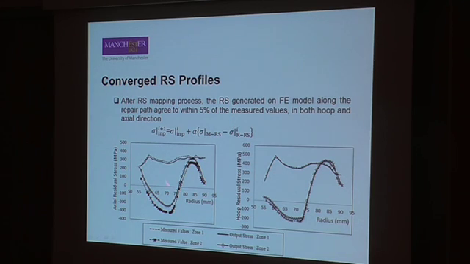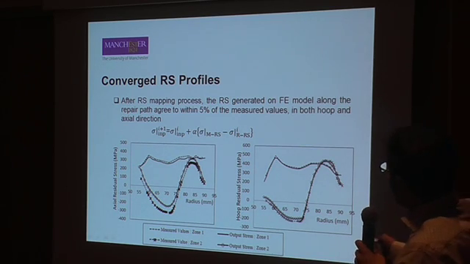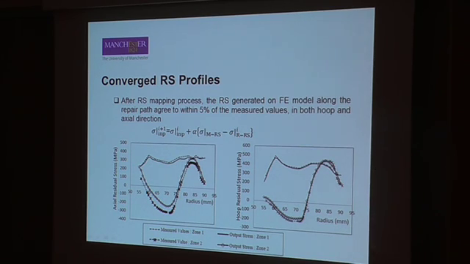This result should be the input of the next iteration. After 16 iterations, my model converged, and you can see the results, the axial and the hoop residual stress for two different zones. The difference in residual stress in this area is around 5%. It's a good match.